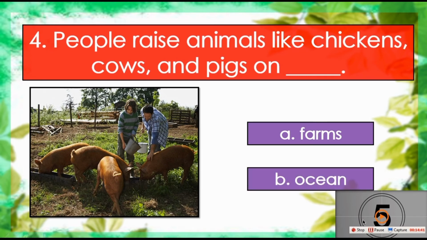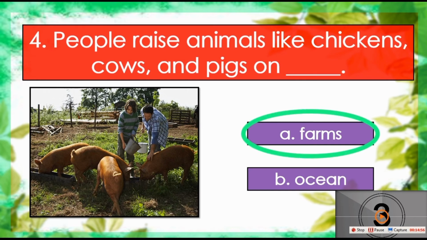B, ocean. 5 seconds for you to answer. Okay, so our answer is letter A, farms. Let's read. People raise animals like chickens, cows, and pigs on farms.